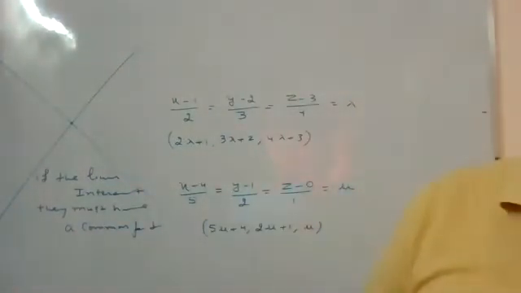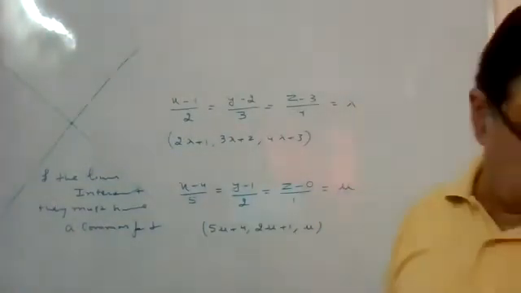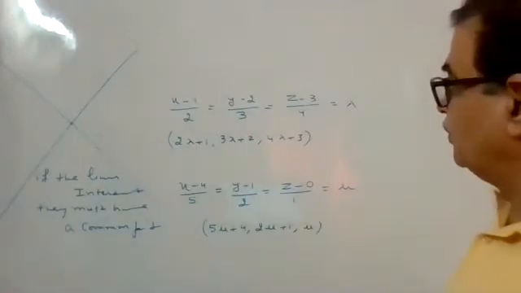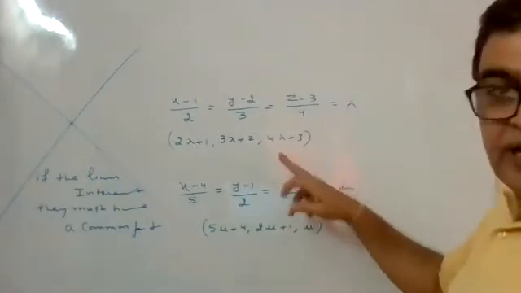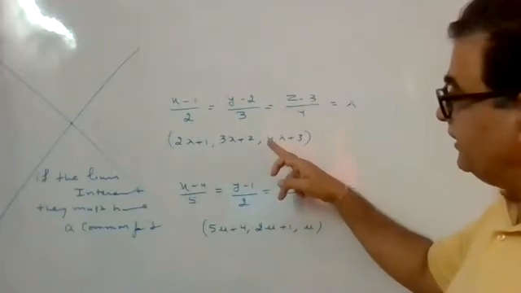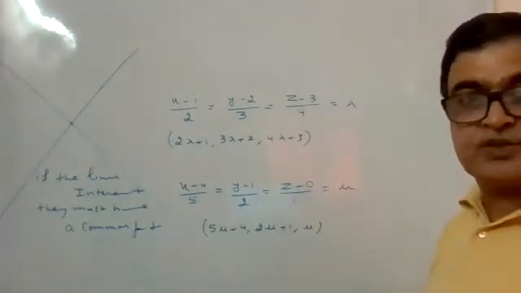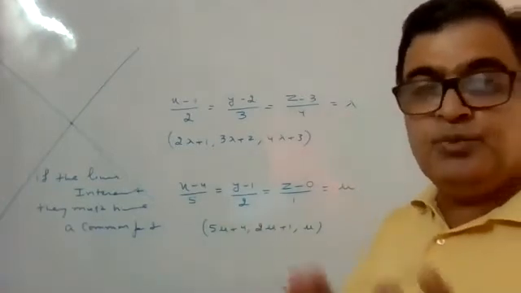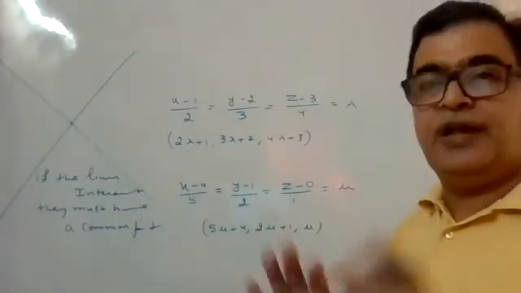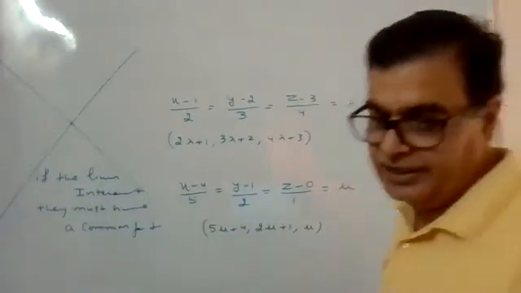They must have a common point. So if they have a common point, that means we will say this is equal to this. We will take that and check whether lambda and mu exist for it or not. If lambda and mu do not exist, they don't intersect. If lambda and mu exist, we will say yes, they intersect.